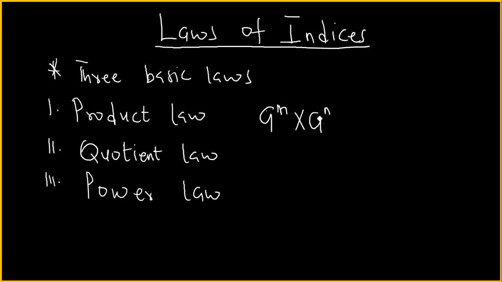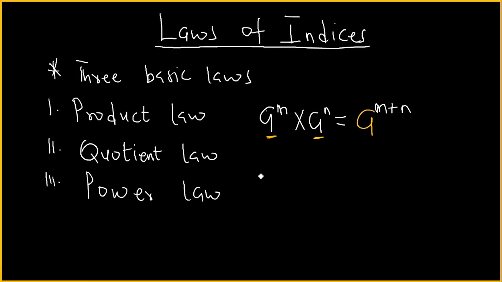So the product law states if a number or an expression in an index form multiplies another expression in an index form with the same base, then the base, which is a, is raised to the power of their index, which is m plus n, and the operation between the index is plus. So this is all about the product law.